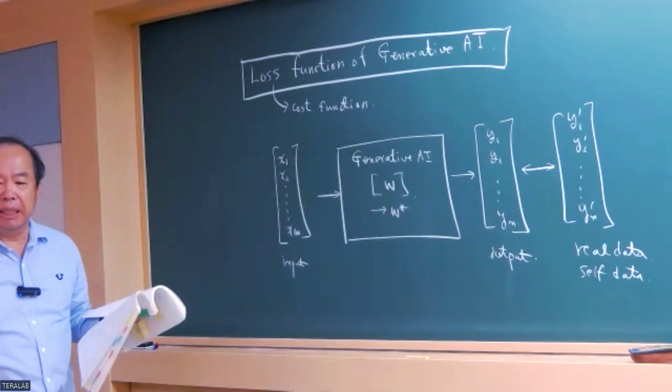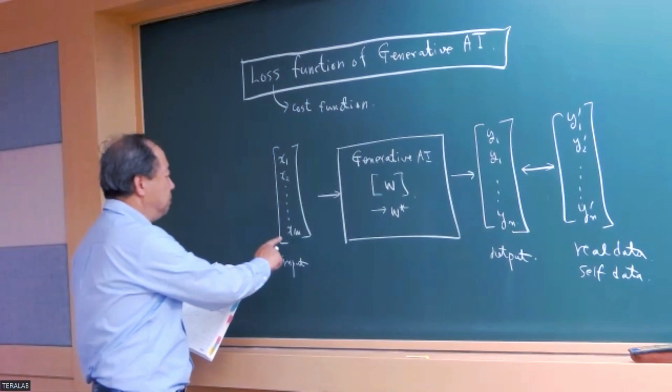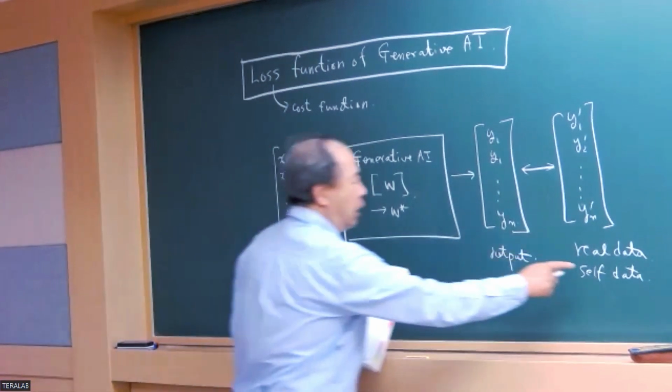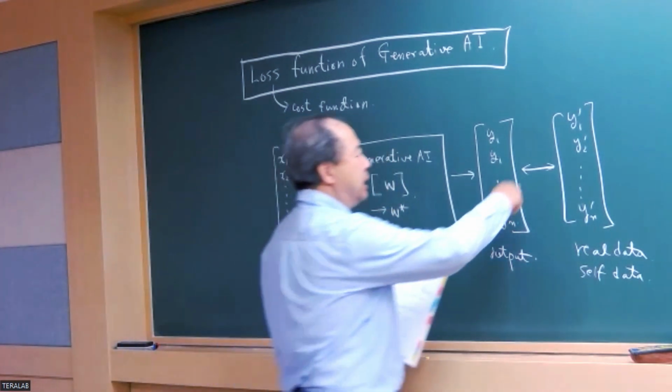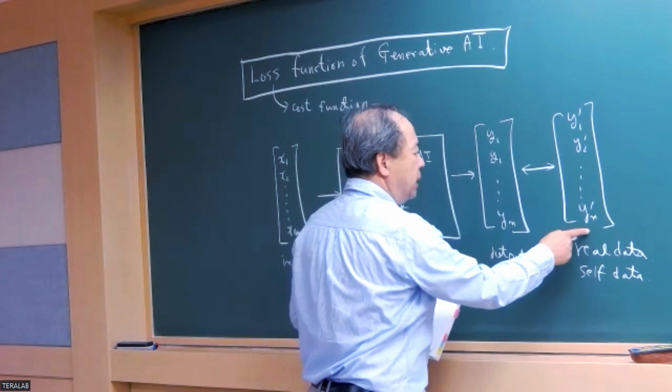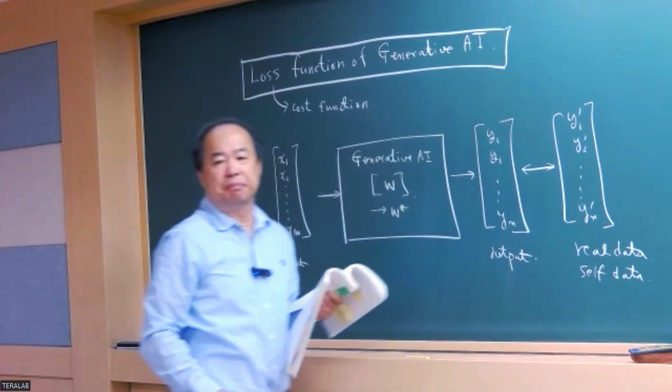Sometimes during the training process of generative AI, we are trying to repeat input to the output. And this Y dash matrix may be symbolized as self data.